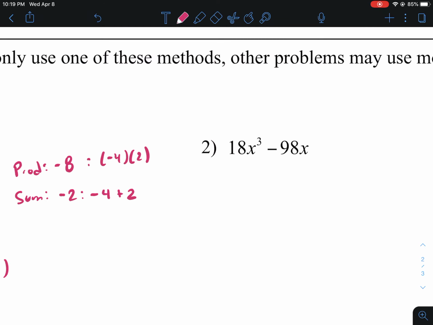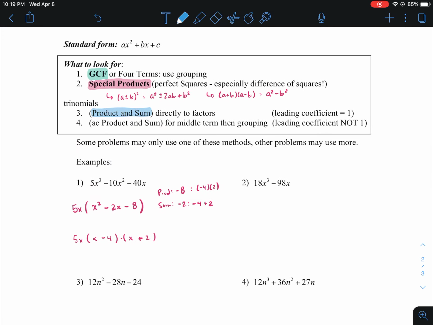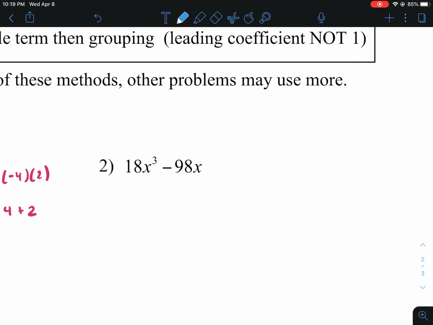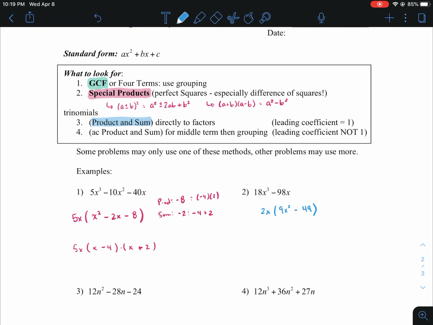Number 2, we'll do this in blue. Let's check for a GCF first. We find a GCF of 2x. So when I factor out that 2x, we get 9x squared minus 49, and the resulting polynomial is a special product, right? We have a perfect square minus another perfect square, so this is a difference of squares.